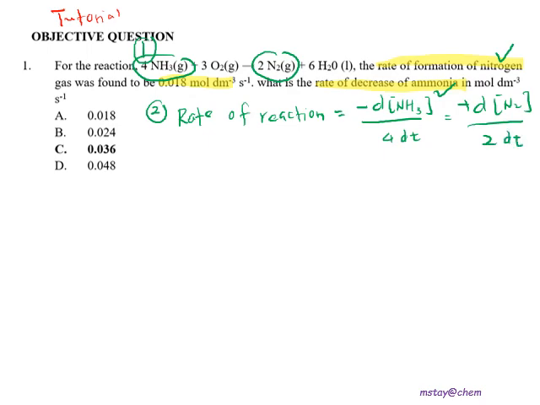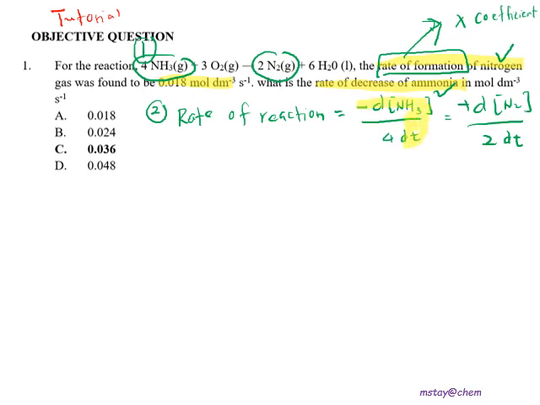Again, now you are given the rate of formation for the nitrogen. Again and again, rate of formation and rate of disappearance are without coefficient. So you need to determine the rate of disappearance for the ammonia. This is what we want.